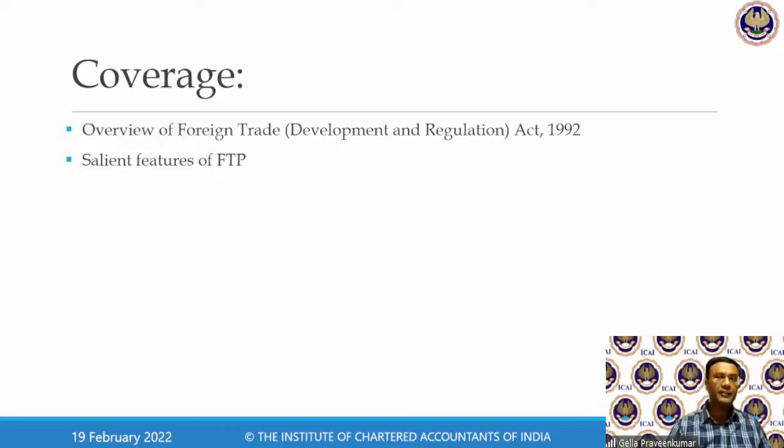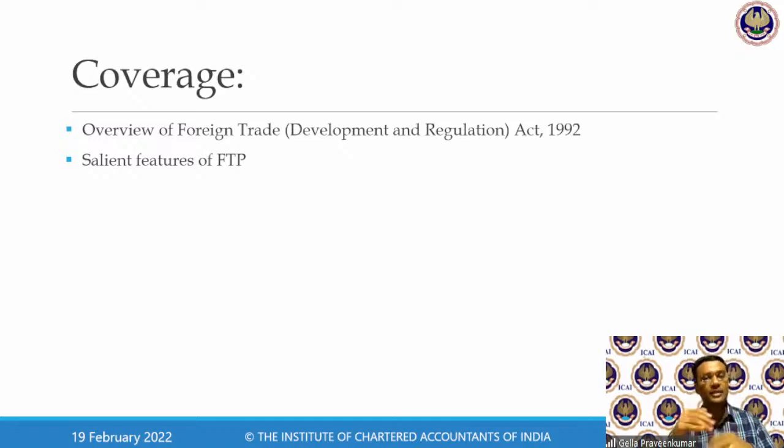Now, what is the need for a foreign trade policy? What happens if we don't have it? We have something called customs law. When I have customs law, why do we need to understand foreign trade policy? Keep in mind, this foreign trade policy is just to give guidance on how my export-import aspects need to be done.